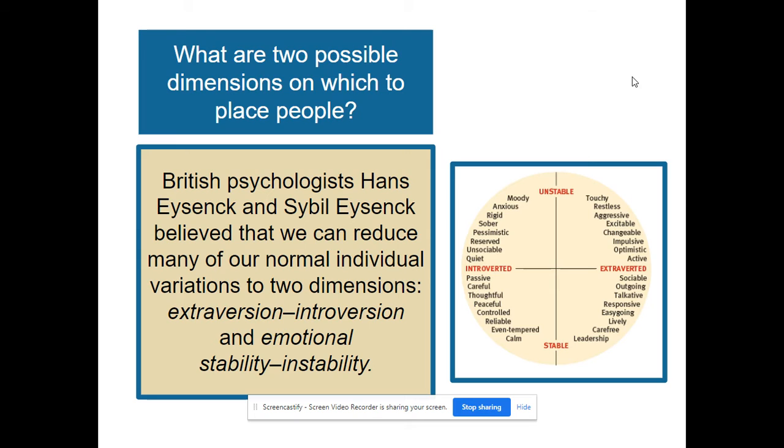And as you look at the different categories of terms, introvert, extrovert means whether your energy comes from within or outside sources. Unstable versus stable typically have to do with personalities that you struggle with.